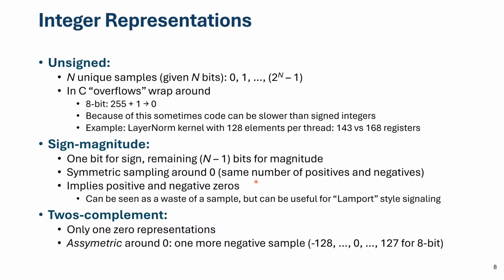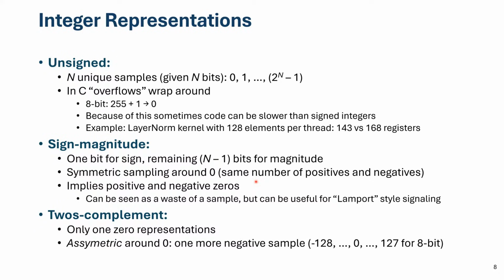I'll give an example where we were working on a layer norm kernel. The kernel was handling 128 elements per thread. So the register use per thread would be quite high, at least 128 plus auxiliary registers for indexing things. And all the indexing was thread ID and block ID based. If I used unsigned integers for indices to access memory, then I was using 168 registers.